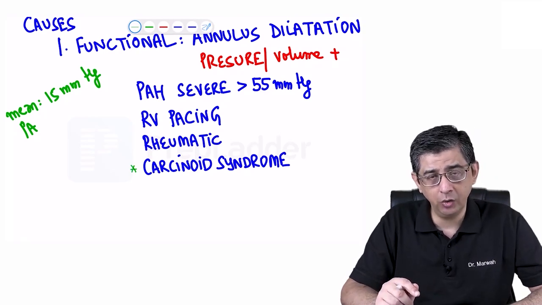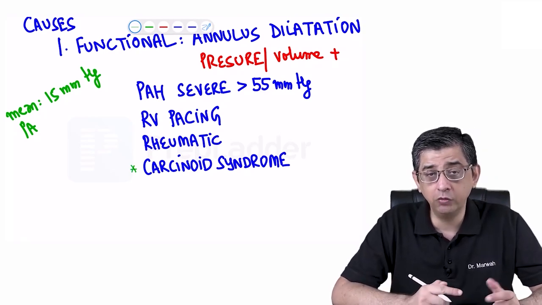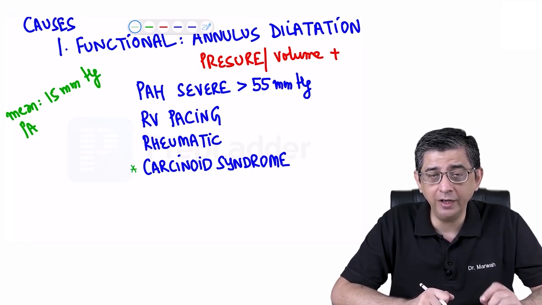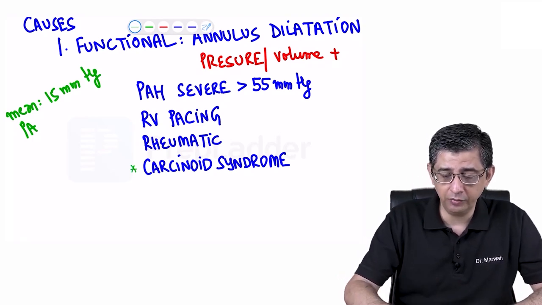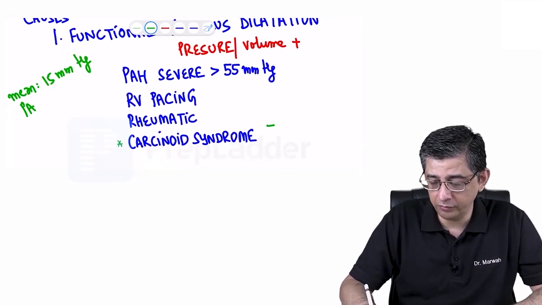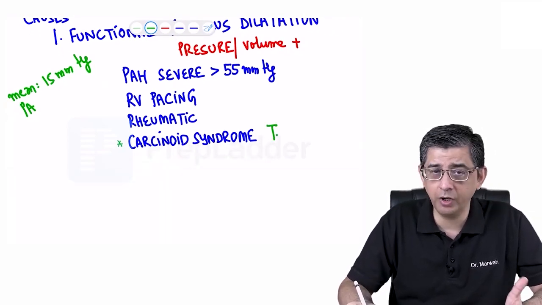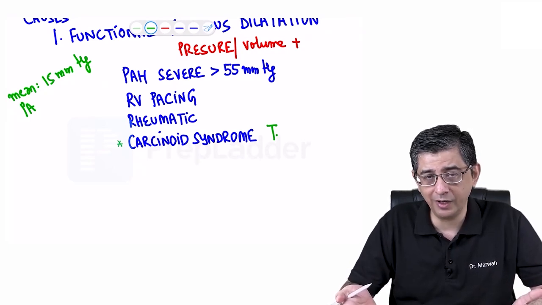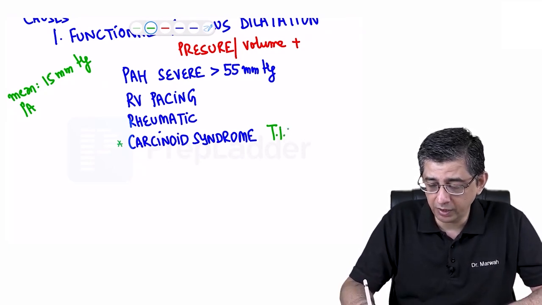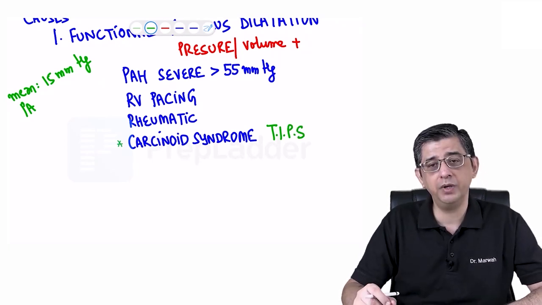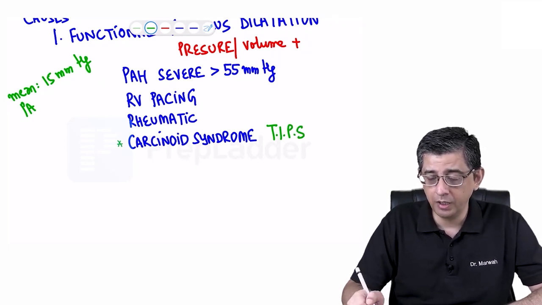In carcinoid syndrome, 5-HT derivatives which are overproduced are entering into the right ventricular inflow, meaning the tricuspid valve and pulmonic valve, because on the right side of the heart, the tricuspid and the pulmonic valve would be affected, and the lesions that develop here can be remembered by the mnemonic TIPS.